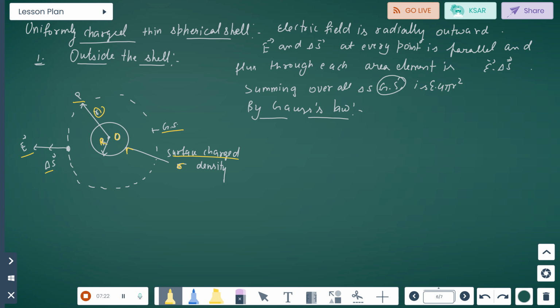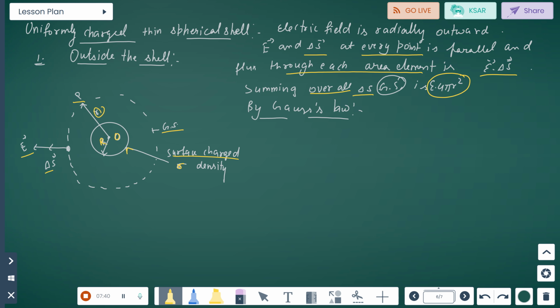Now electric field is radially outward, E and ds at every point are parallel, and flux through each area element is E dot delta S summed overall. So the sum of delta S over the Gaussian surface is E times 4 pi r square.